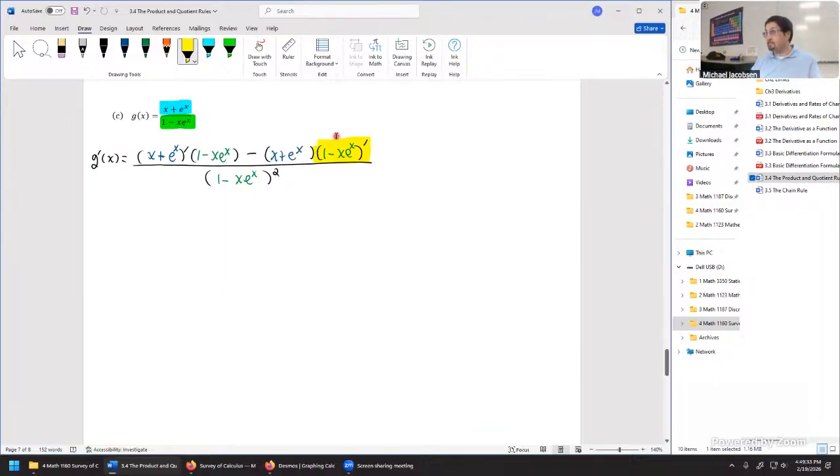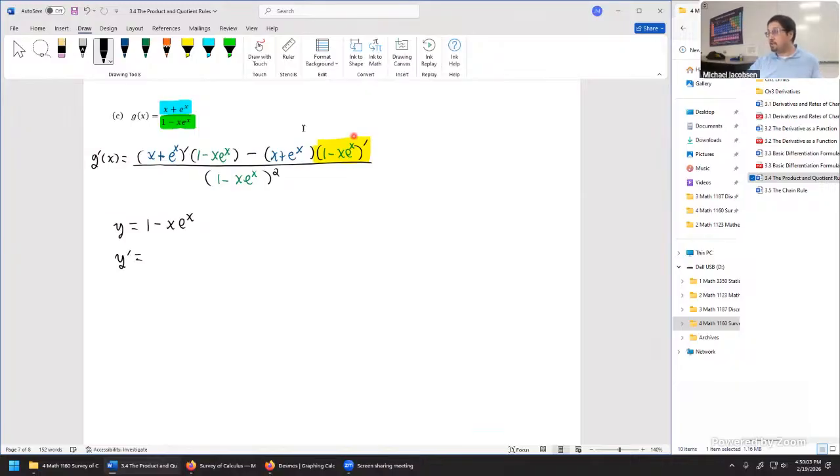So here's a good strategy: if things get more involved like this derivative, just break the problem in two. This is the divide and conquer strategy that we're using. Let's treat y equals 1 minus x e to the x as its own problem. If we could differentiate that, we'll put the result right up here. So let's work through this derivative.